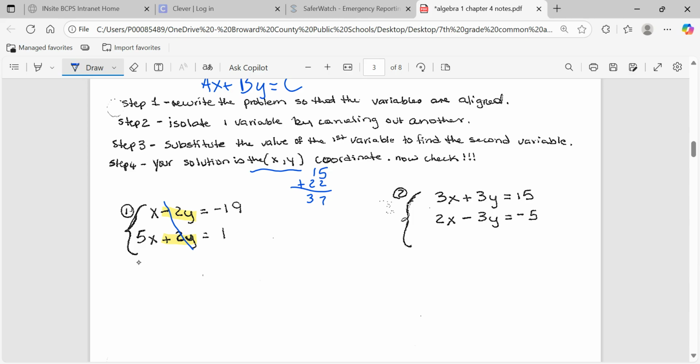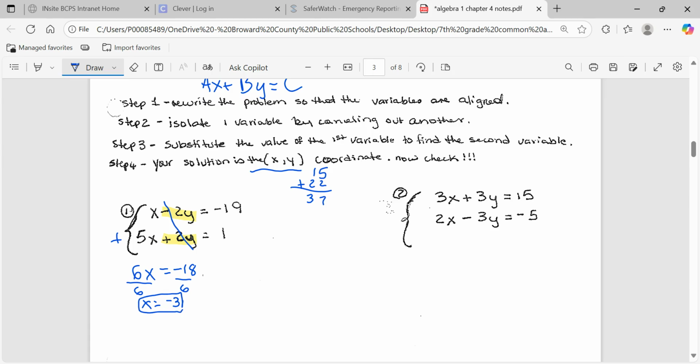Now I would have 6x, because 5 plus 1 is 6x, equal to negative 19 plus 1, because it's a positive 1, which gives me negative 18. And now it's a one-step equation. I would solve for x by dividing both sides by 6, and x is equal to negative 3.